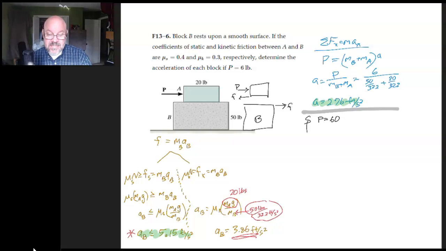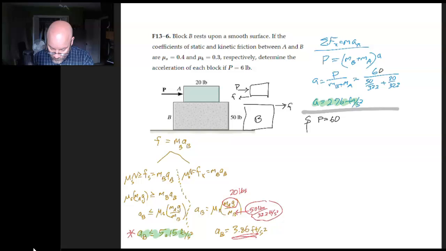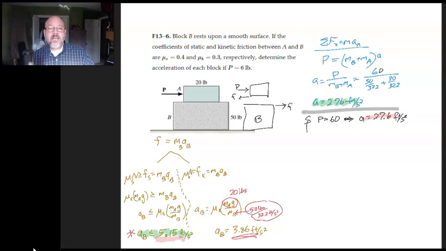Well, if it's 60, over here I would have 60 just like that, and what that's going to result in is that my acceleration is going to be 10 times as much, 27.6 feet per second squared. Now that number is too big. It's bigger than our number down here, which means the static friction cannot hold them together. They're going to slide apart.